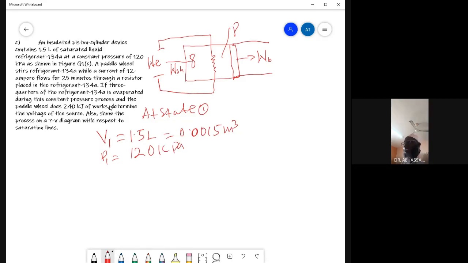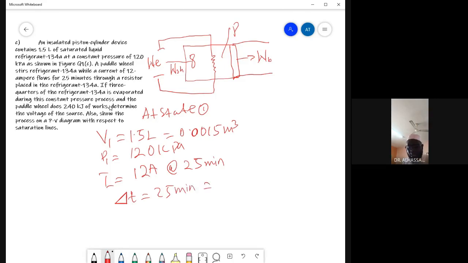The current that flows in the system is 12 amperes, and it flows for 25 minutes. So delta t, the time, equals 25 minutes.